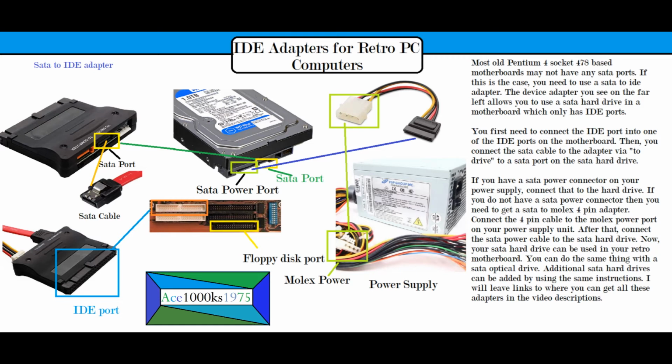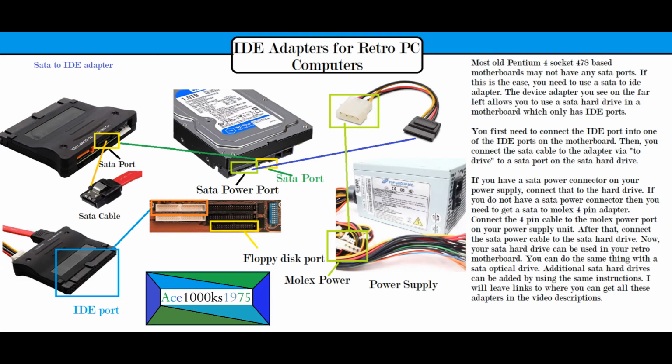So if this is the case, you could use a SATA to IDE adapter. The device adapter you see on the far left allows you to use a SATA hard drive in a motherboard which only has IDE ports. In the middle of that thing, it has a SATA port in it.